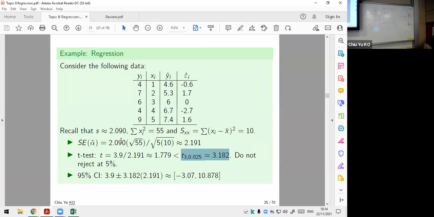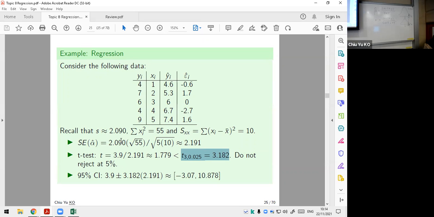This is coming from here: 3.9 is the numerator, plus minus the critical value, which we calculated already, and 2.19 is the denominator. So the critical value, the confidence interval and the test statistic are related in this way. As long as we talk about the sample mean, it will always be this format. Of course, proportion will be different, so we have to be careful.